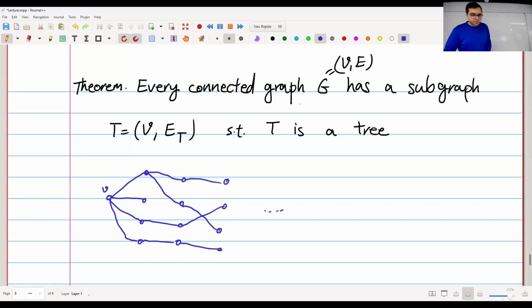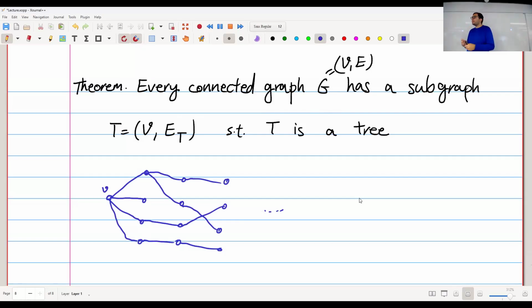If I continue this process, I will eventually have all of my vertices added to this tree, right? Because if I have any vertex, it's a connected graph. So I can look at the distance from V to that vertex, and the distance is the length of the shortest path.